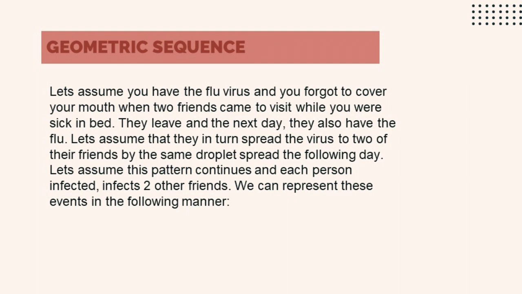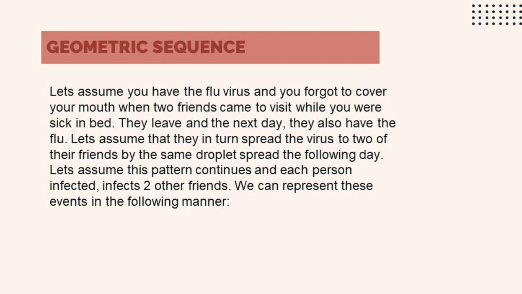Okay, next example is geometric sequence. Let's assume you have the flu virus and you forgot to cover your mouth when two friends come to visit while you were sick in bed. They leave the next day. They also have the flu. Let's assume that they in turn spread the virus to 2 of their friends by the same droplet spread the following day.